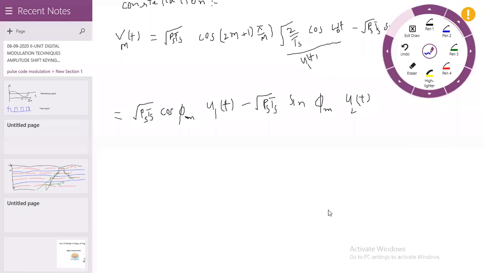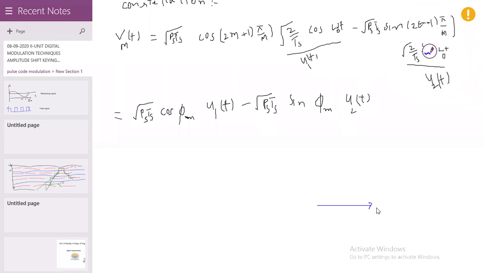So here we can draw the constellation diagram. Please listen to me. This is u1 of t with the amplitude root of Ps Ts cos phi m, and u2 of t, here we can indicate that this is u2 of t. That is it. Root of Ps Ts sin phi m. So let us consider here m is equal to 0.